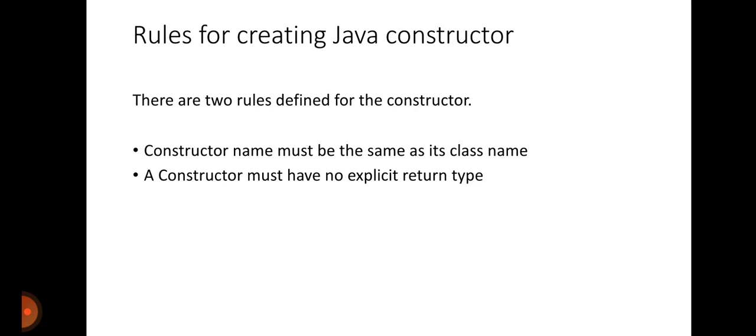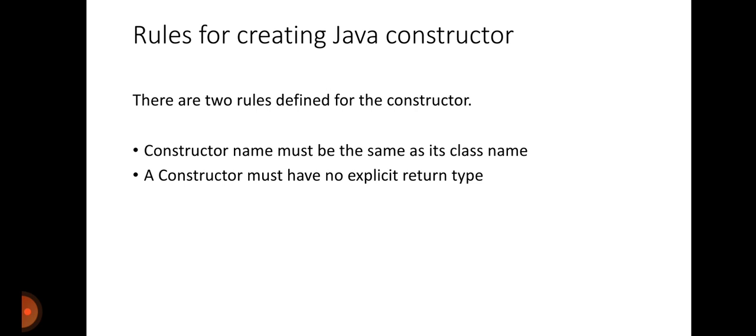Rules for creating a Java constructor. The constructor name must be the same as its class name. A constructor must have no explicit return type. That is, the constructor cannot return any value. Suppose there is a method in Java, it should return a value, but the constructor is an exception case.